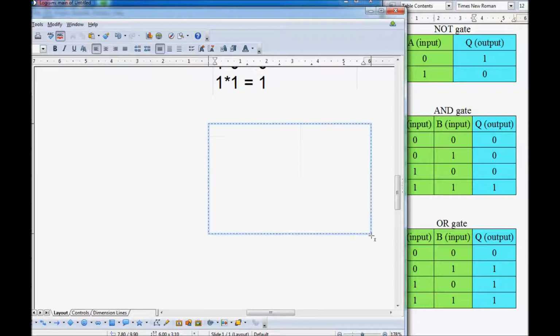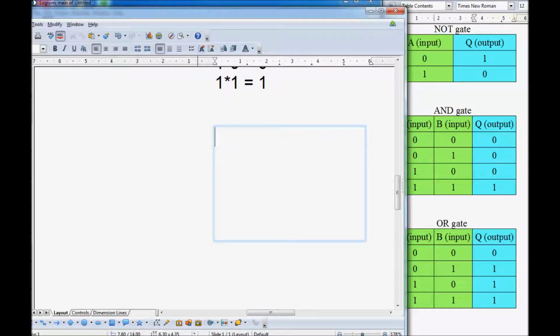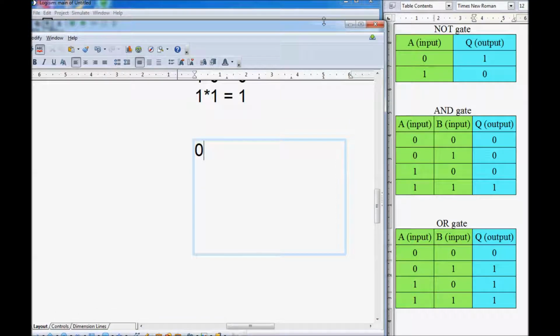Now, normally what would happen if we would add 0 to a 0 in a regular algebra, we would have 0. If we would add 0 plus 1, we would have 1. If we add 1 plus 0, also in this case we would have 1. And this last case, it's a little bit tricky because in a normal algebra, when we add 1 plus 1, we have 2. The result is 2.